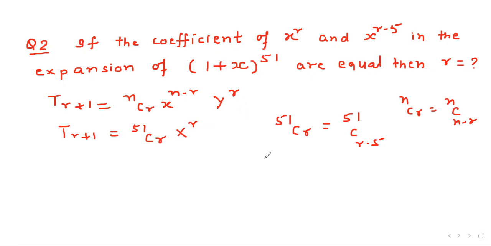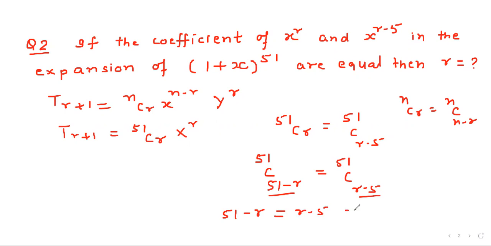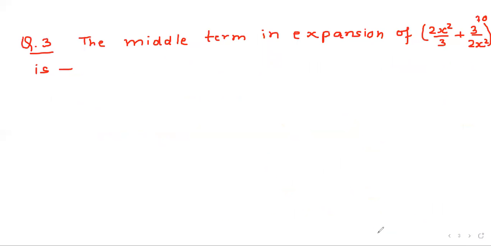So here LHS will become 51C(51 minus r) is equal to 51C(r minus 1). So here we can equate 51 minus r and r minus 1. So 51 minus r equals r minus 1, from where we get 52 equals 2r, or r equals 26.